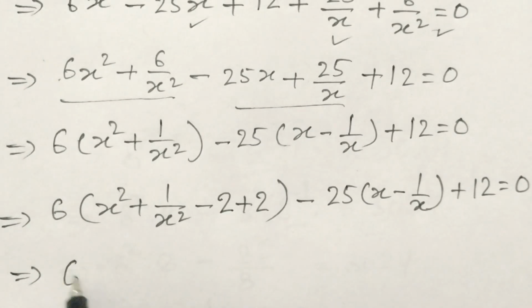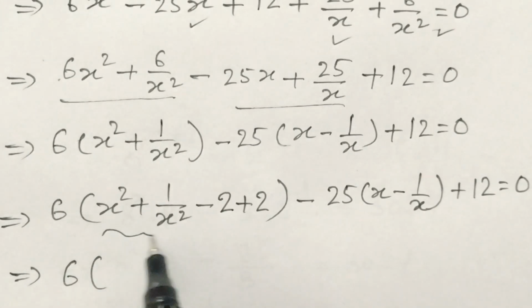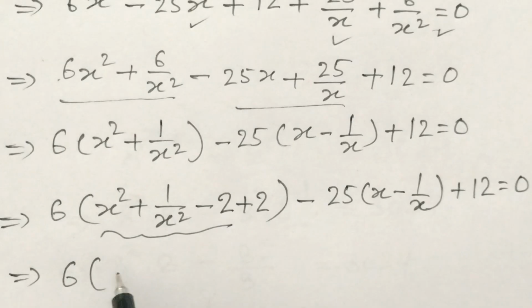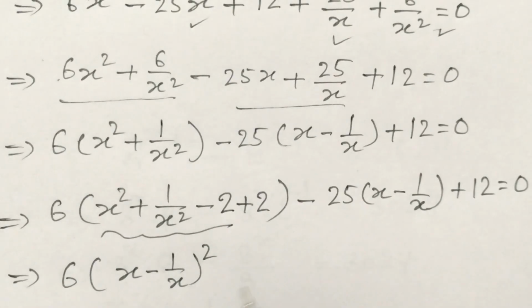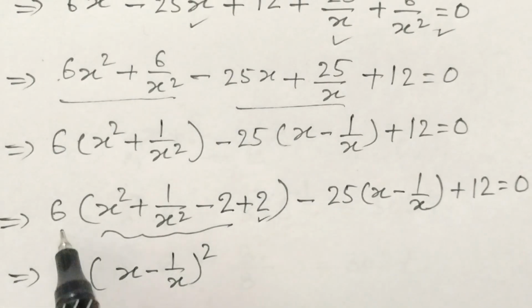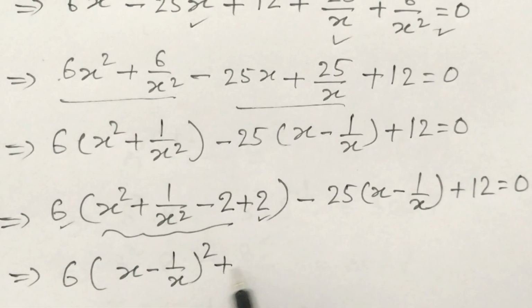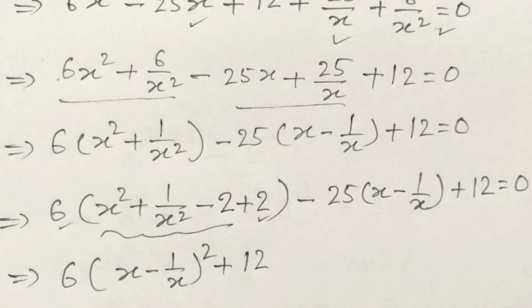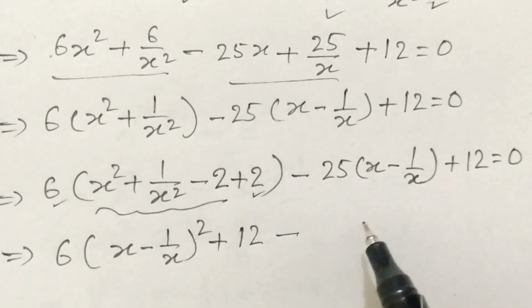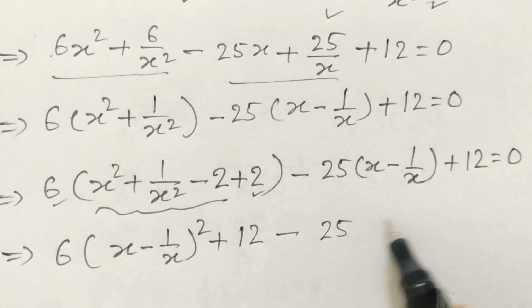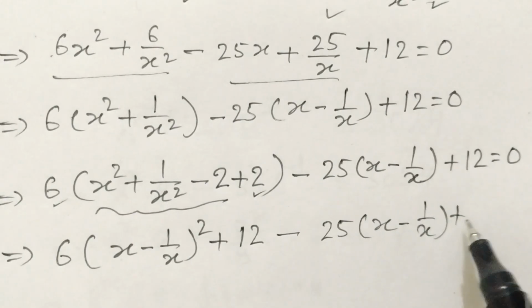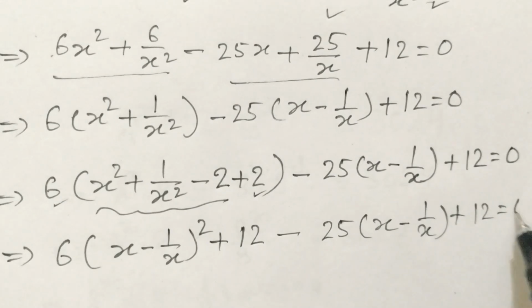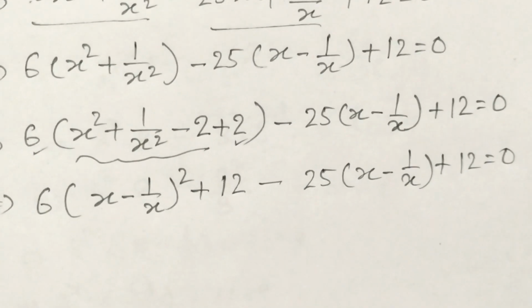Now 6, this can be expressed as (x - 1/x)^2, right? And 2 into 6 plus 12, minus 25(x - 1/x) plus 12 is equal to 0, right?